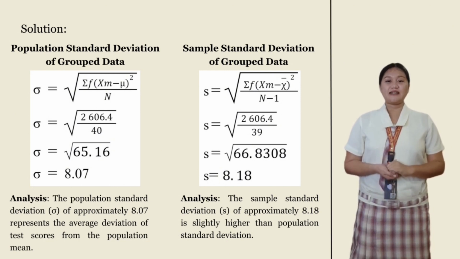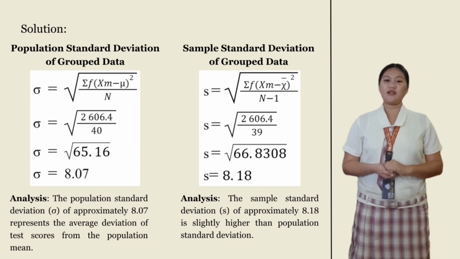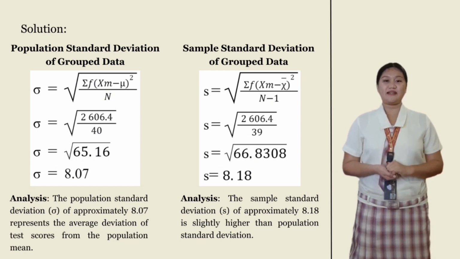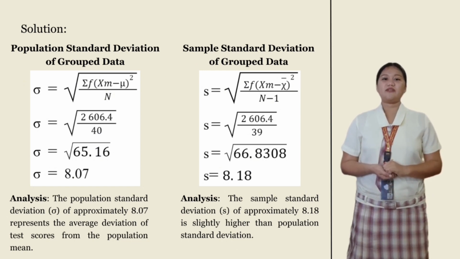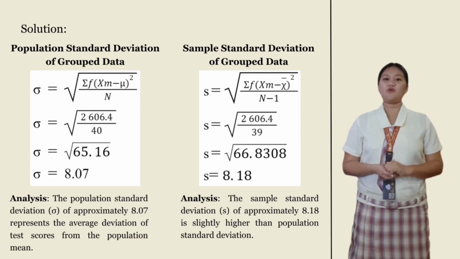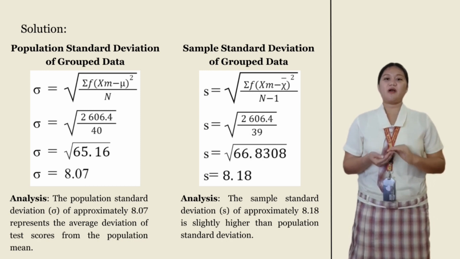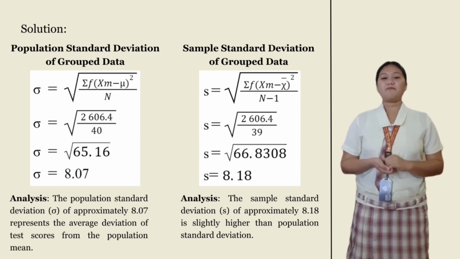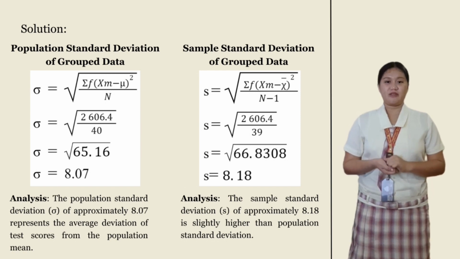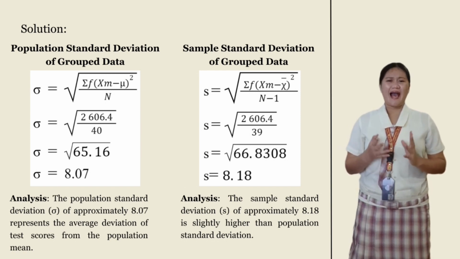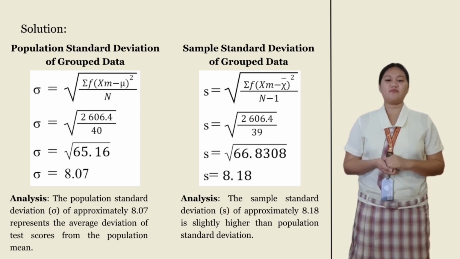So 2606.4 divided by 40 is equal to 65.16. And the square root of 65.16 is equal to 8.07. And the population standard deviation is 8.07. So the analysis is the population standard deviation of approximately 8.07 represents the average deviation of test scores from the population mean. It provides a measure of how individual quiz scores deviate from the population mean.